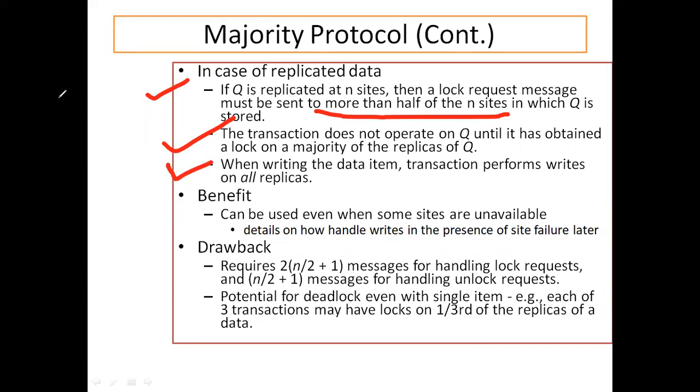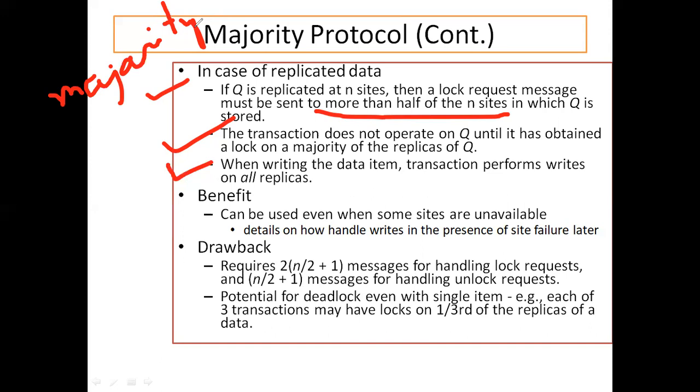So here we focus on the majority, the majority of the sites where the data is stored. If the log is not granted for the majority of the sites, then the transaction is not going to operate on that data item. So here majority will be the focus.